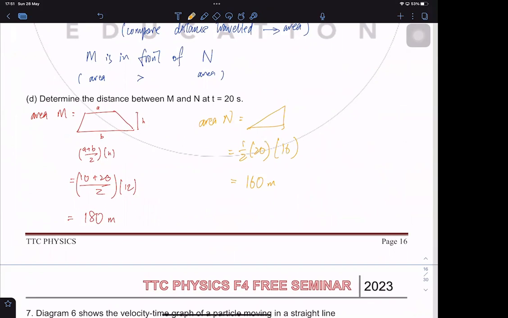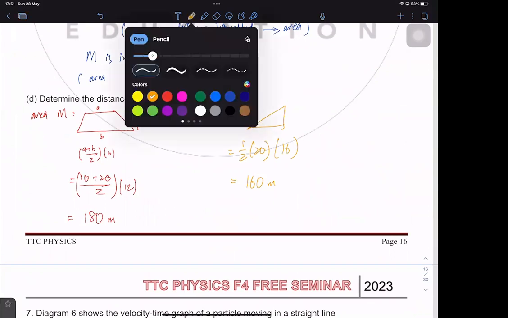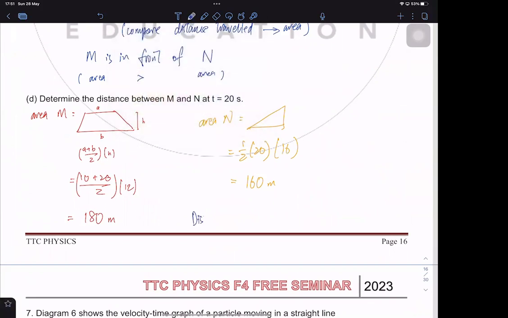Now, of course, this is not the answer. Don't leave the answer like that. The answer is the difference. So the distance between M and N is 20 meters.